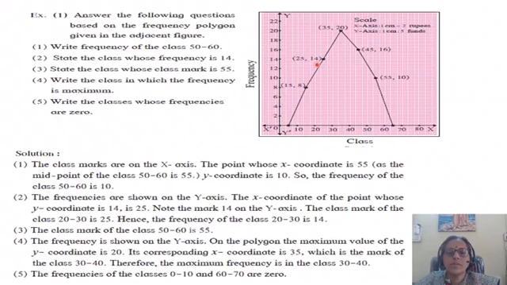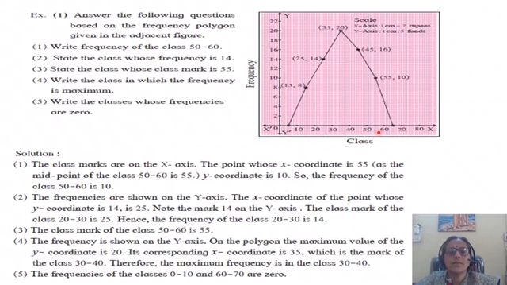So the frequency of the class 20 to 30 is 14. Third question: state the class whose class mark is 55. The class mark of the class 50 to 60 is 55.